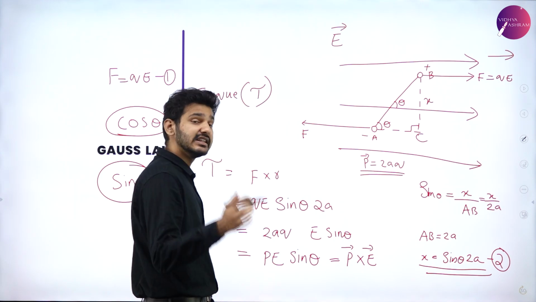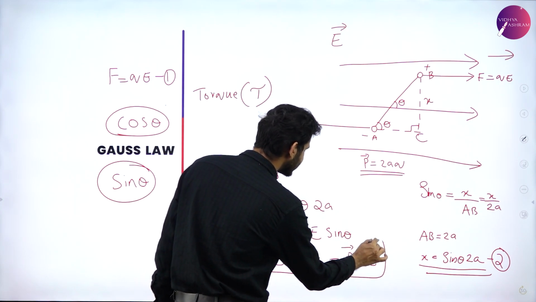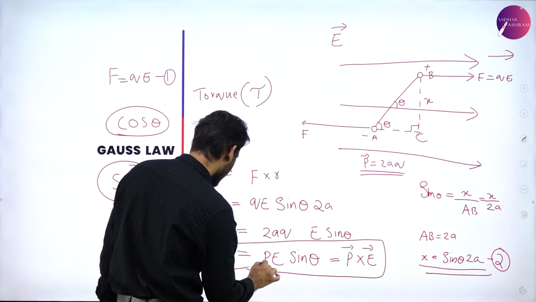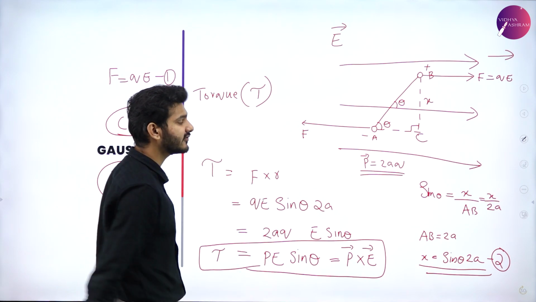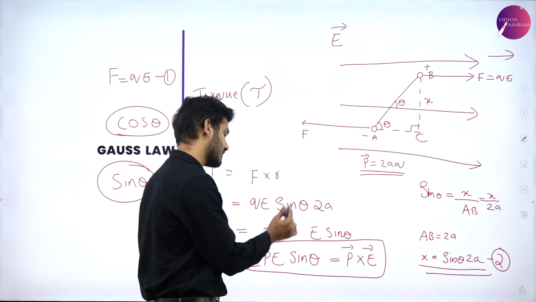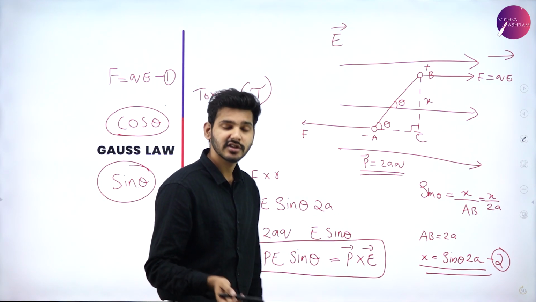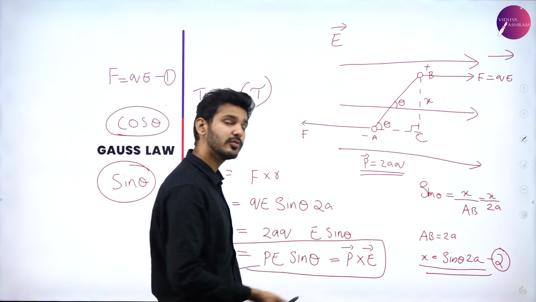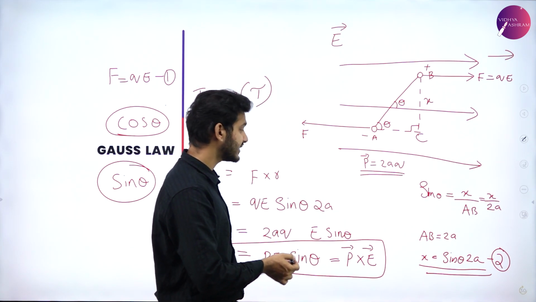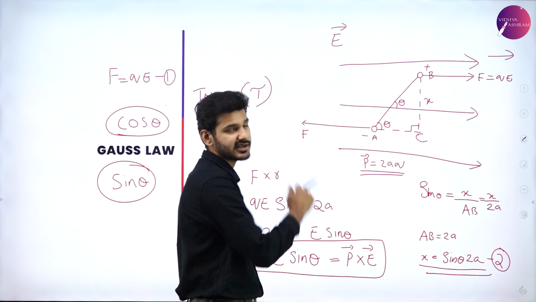That is not important. The important thing is that the torque experienced by a dipole kept in a uniform external electric field is given by the equation P into E times sine theta, the product of the dipole moment, the magnitude of the electric field, and the sine of the angle at which the dipole is kept.